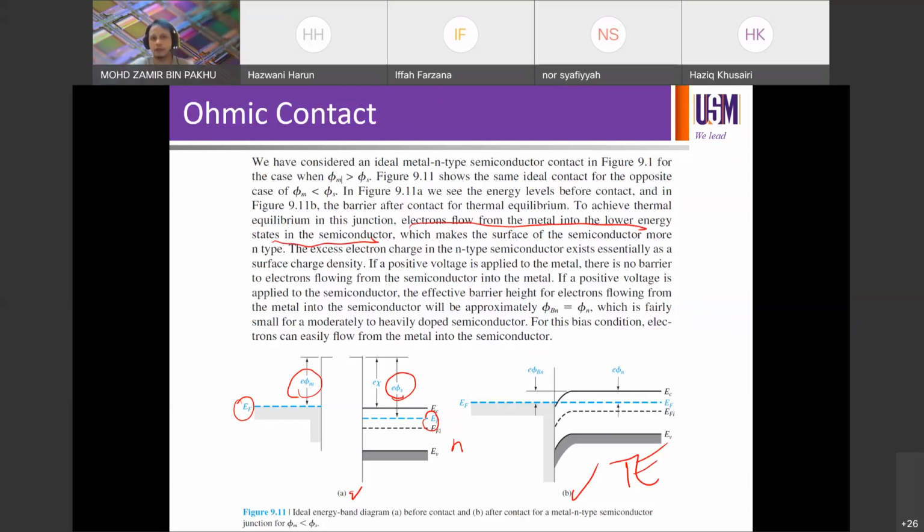Why are electrons flowing from metal into semiconductor in this case? Anyone? Why do we have electrons flowing from metal into semiconductor? Look at the left band diagram. Why are electrons flowing from metal into semiconductor?